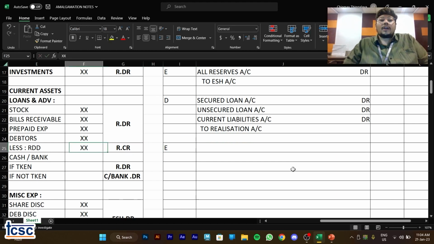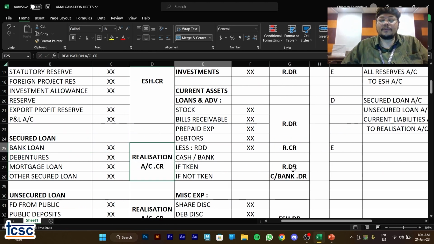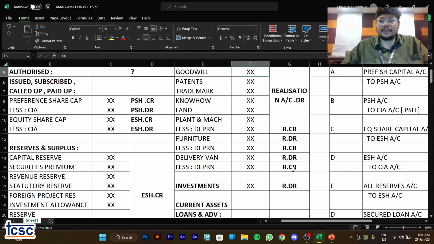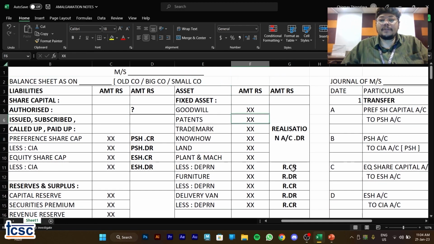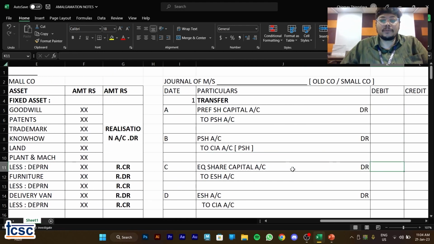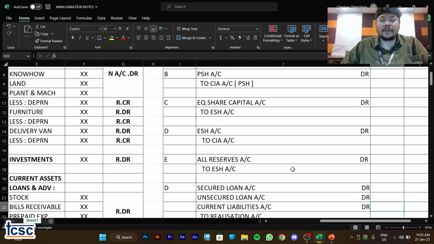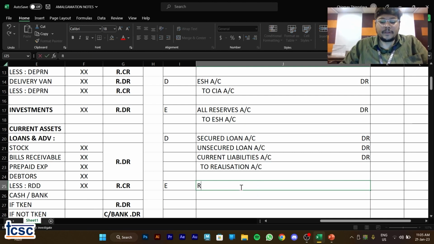Now after completing the liability side, we'll be coming to the asset side. Under the asset side we have different assets: fixed assets, goodwill, patents, trademark, know-how, land and building, plant and machinery. So we will be transferring all those assets.